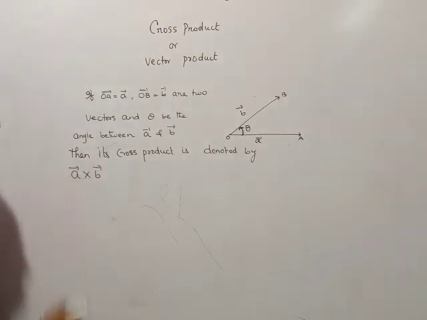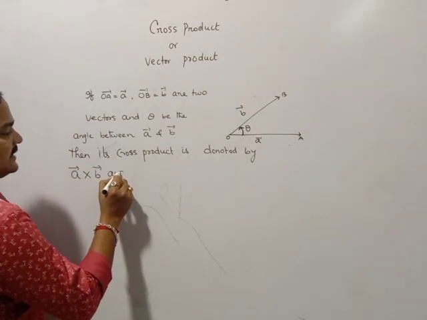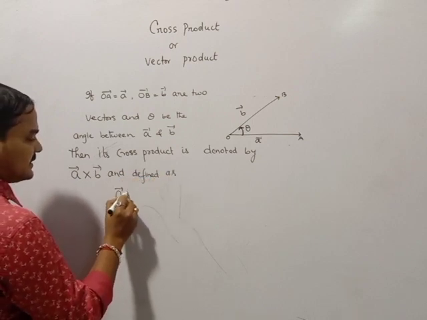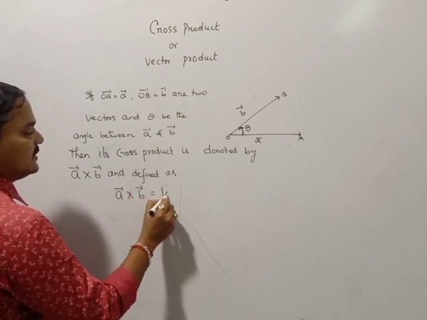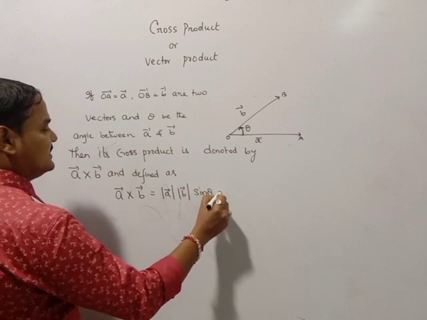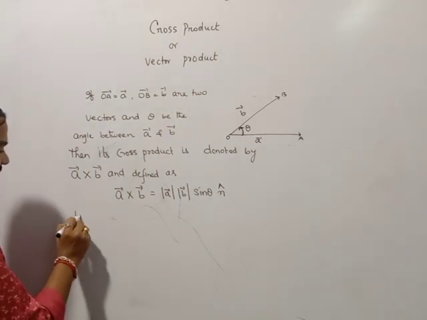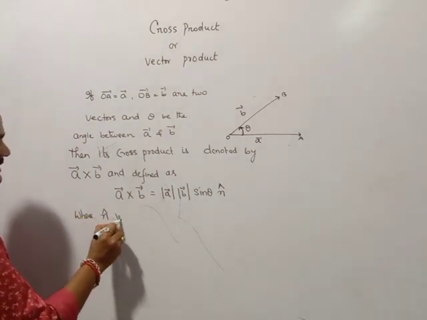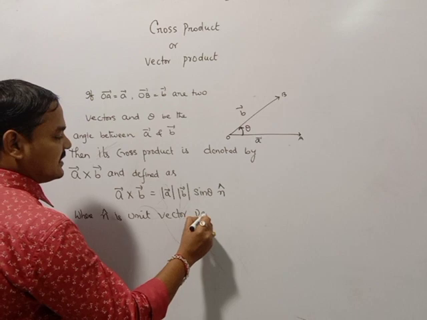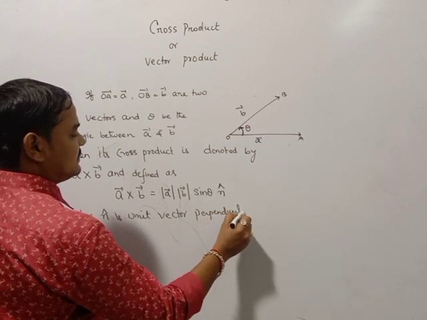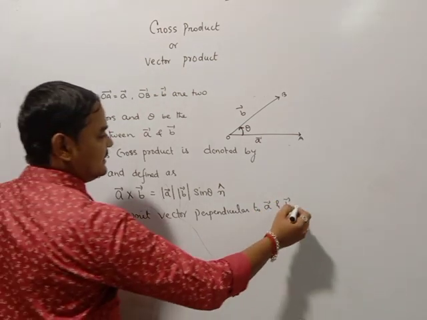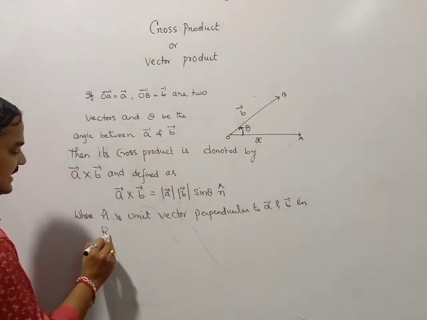It is not written as a dot or a multiplication, it is written as a cross, and defined as A bar cross B bar is equal to magnitude of A bar into magnitude of B bar into sin theta into n cap, where n cap is a unit vector perpendicular to A bar and B bar in the right hand system direction.